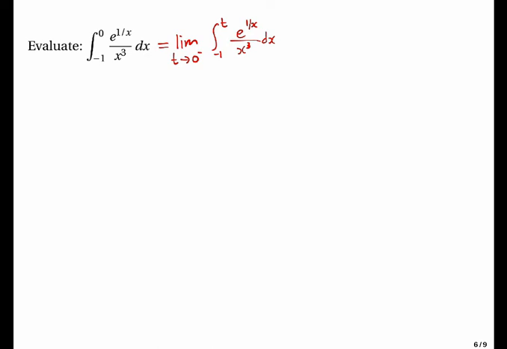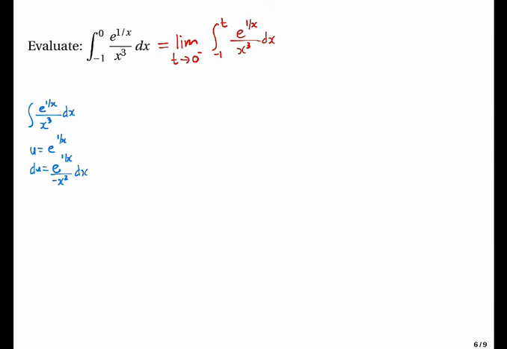Now, let's work on the definite integral here. Particularly, let's just work on the indefinite integral of e to the 1 over x divided by x cubed dx. So we use substitution. u equals e to the 1 over x. du will be e to the 1 over x times the derivative of 1 over x, which is negative 1 over x squared, and then you have the dx.